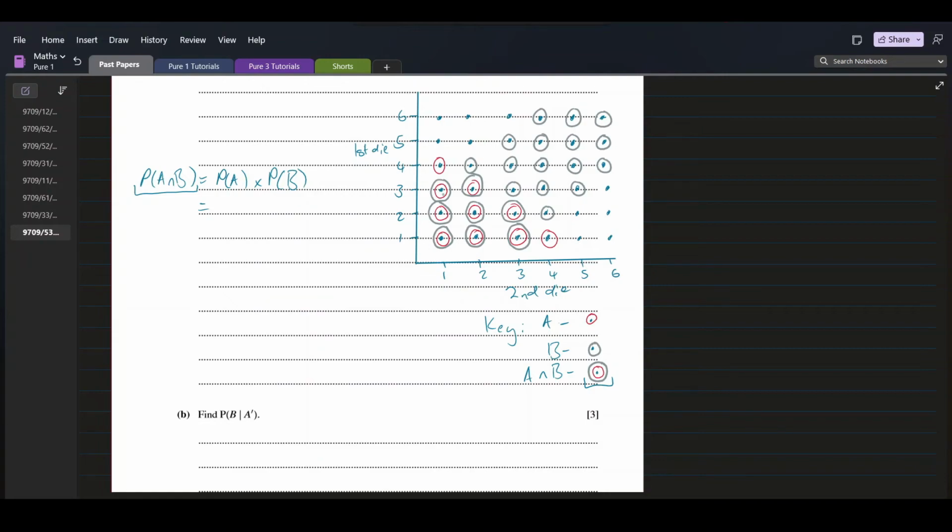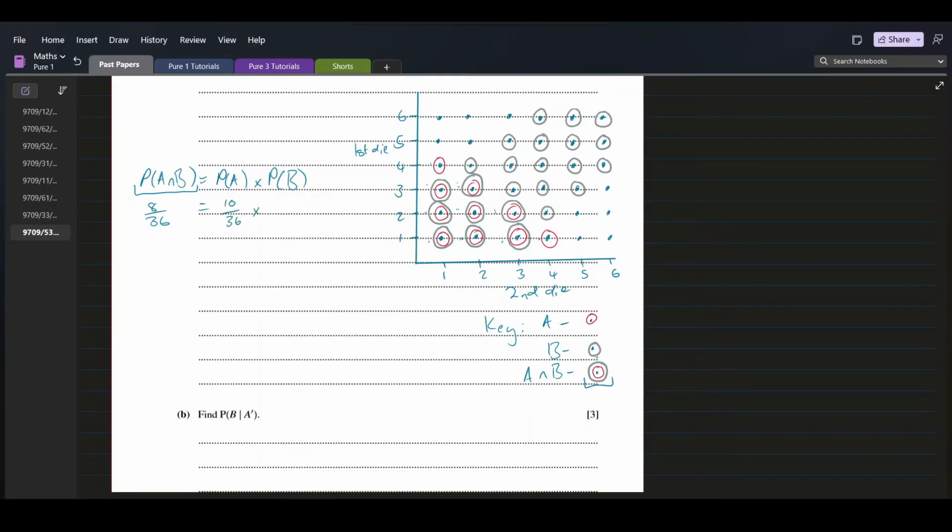So we've got 1, 2, 3, 4. We've got 1, 2, 3, 4, 5, 6, 7, 8. So we've got 8 out of 36 because that's 6 times 6. And then event A, we've got 10 out of 36.